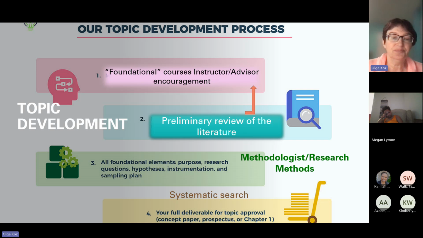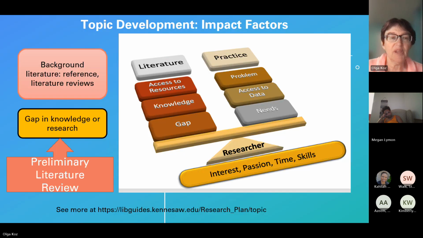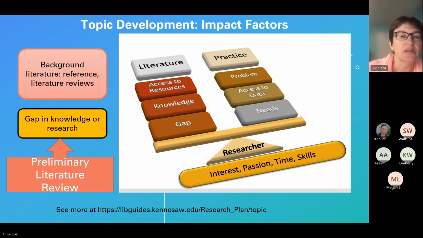Again, initial, at least. So if you look at this infographic, you will see that it's like a seesaw, right? It's very important to be vested or invested in your topic. You have to have passion, hopefully sustainable interest, especially if you're doing a dissertation. Sometimes it will take 2-3 years.